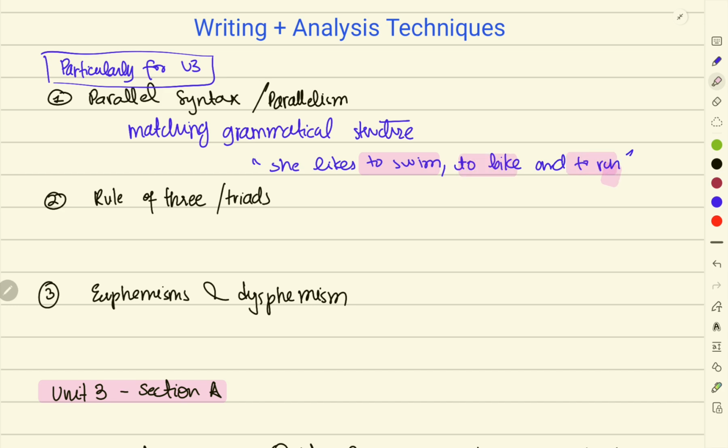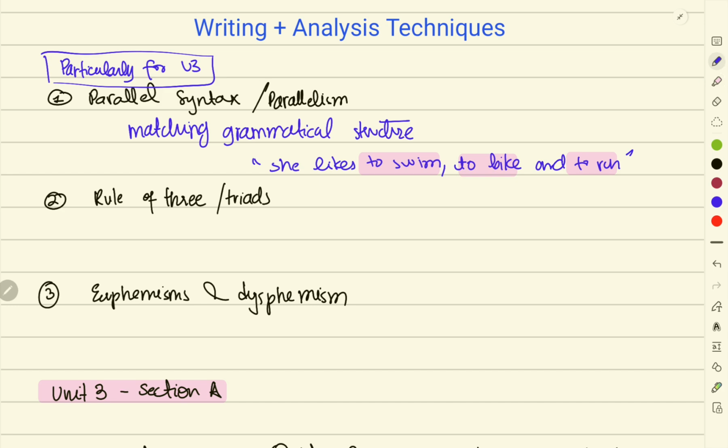Now this is an example of parallel syntax. You can include it while you're writing Unit 3, Section A. When you start analyzing your own text, you can add a comment that my own text shows the usage of parallel syntax to create rhythm, flow, clarity in the text.